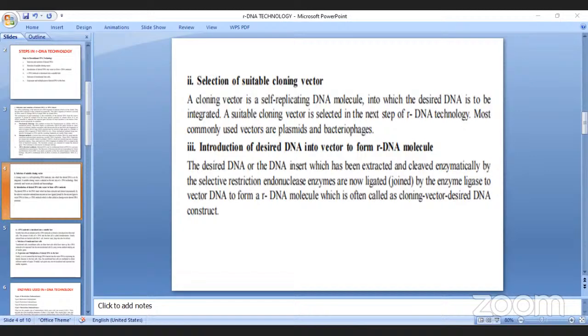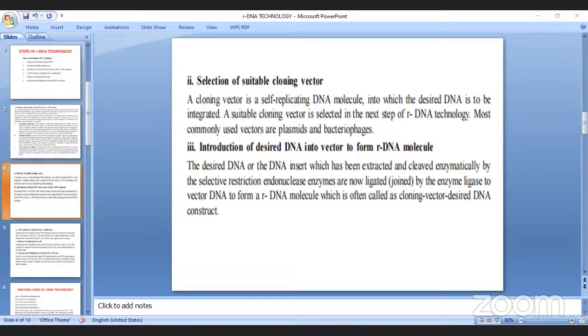Selection of suitable cloning vector. Introduction of rDNA. Okay, this is also completed. After we get rDNA, I already told you how rDNA is formed: the plasmid genome with the desired genome. After formation of the rDNA molecule, it is introduced into the suitable host. Suitable cells are selected and the rDNA molecule so formed is introduced into the host cells.